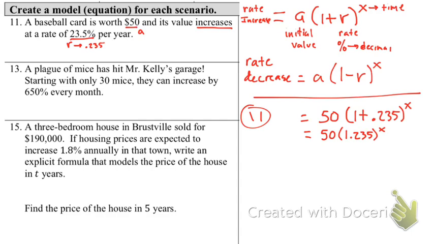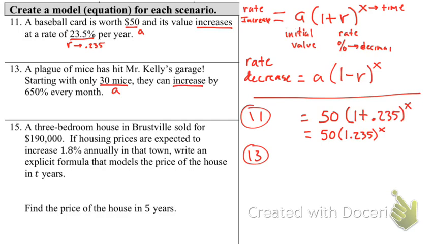Okay, number 12, same idea. Sorry, not 12, 13. Same idea. A plague of mice hit Mr. Kelly's garage, starting with 30 mice. There's our A. They can increase by 650% a month.